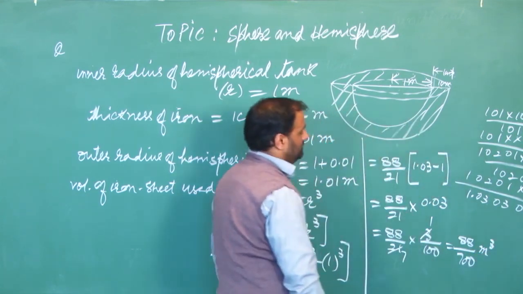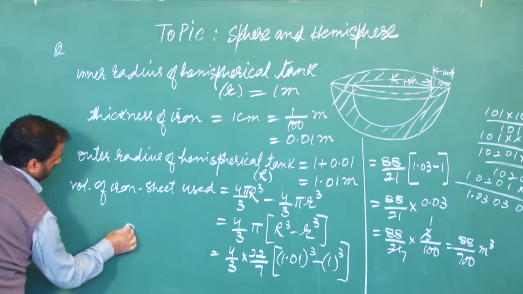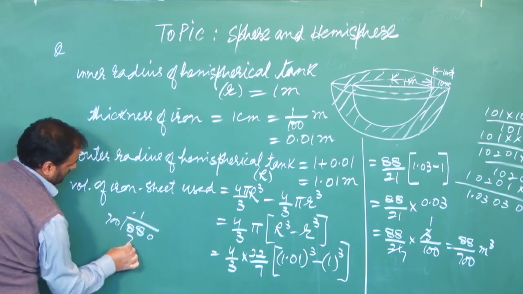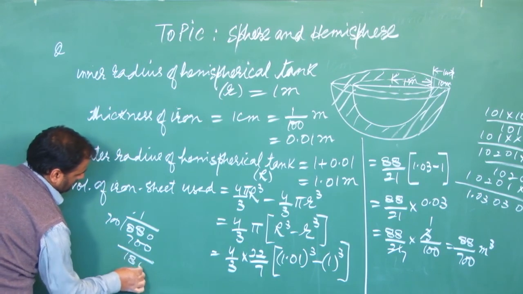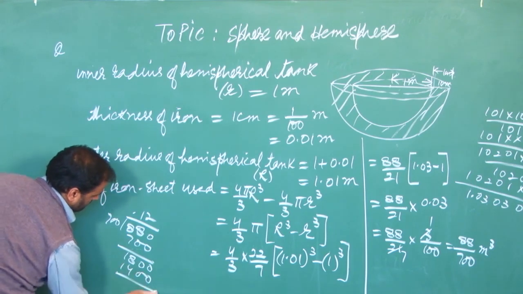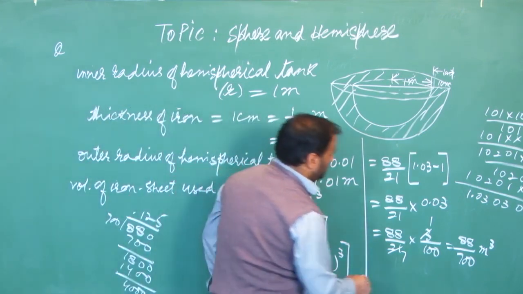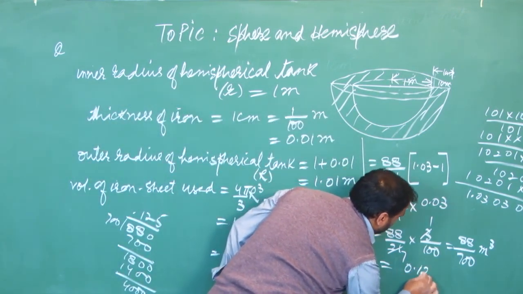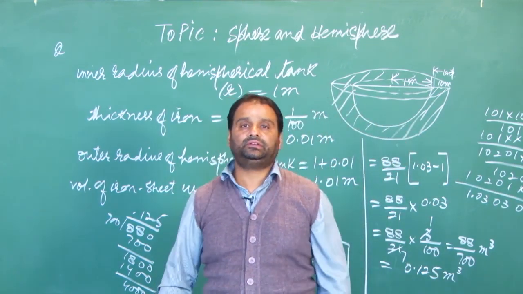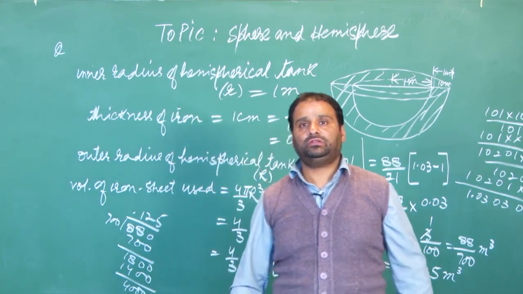If you put this in decimals, 88 by 700 is 0.125 meter cube. So the amount of iron used in making that hemispherical tank is 0.125 meter cube. Hope that you have understood that question. Thank you.